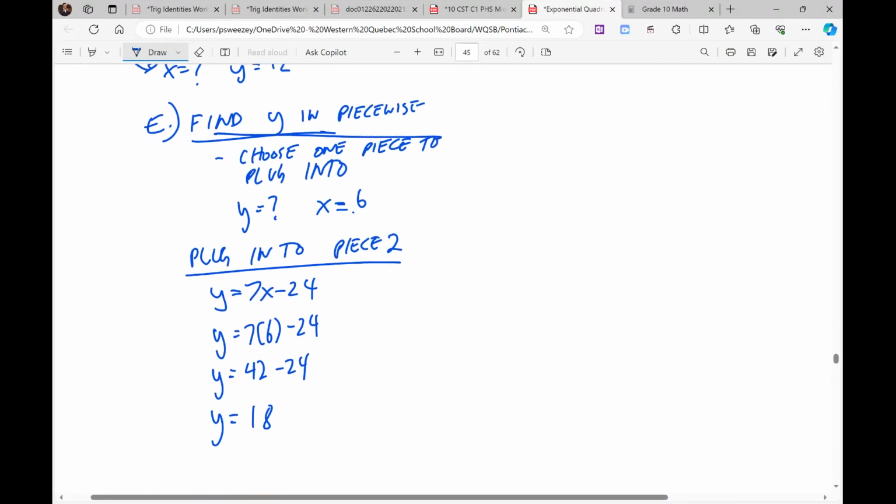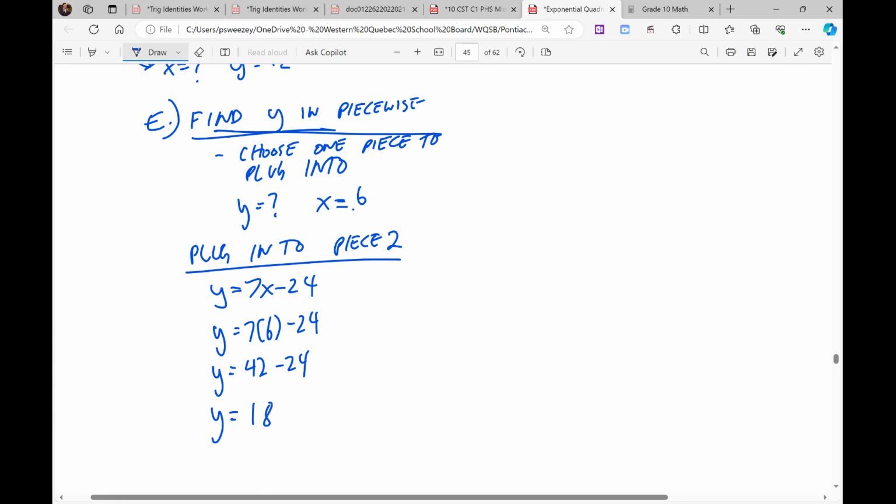The different ones are going to make it so that if you go to another piece, it's not going to follow the same pattern anymore. Yeah. But again, the hardest part of solving for a y value is that I've got to choose the proper piece first before I can actually do any work.